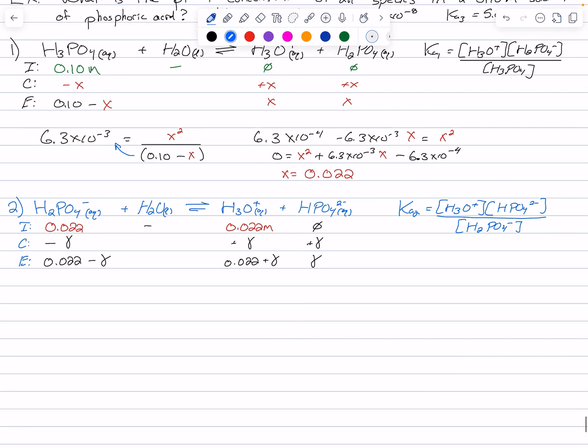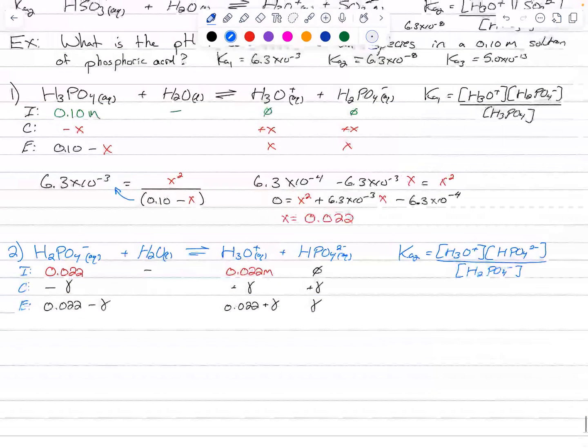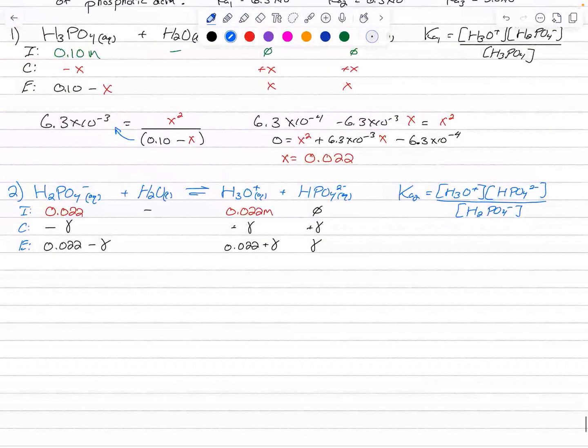Ka2, which is 6.3 times 10 to the negative 8, equals 0.022 plus gamma, gamma, all over 0.022 minus gamma.